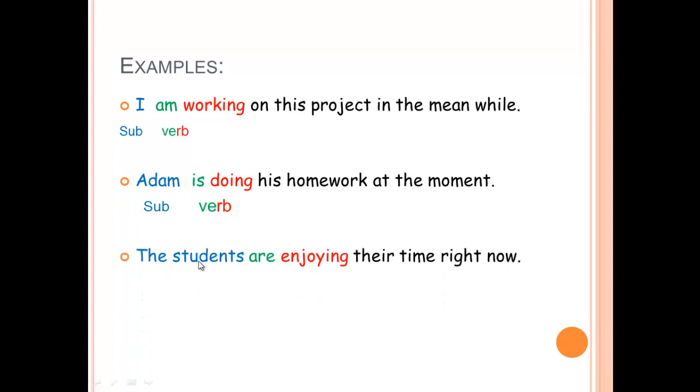If the subject was plural, like the students are enjoying their time right now, the verb to be is formed as are, which goes along with plural subjects. As you can notice, all these sentences started with the subject: subject, verb, object.